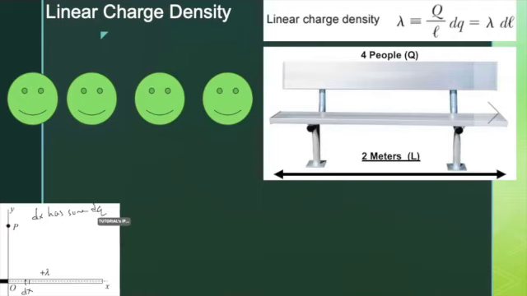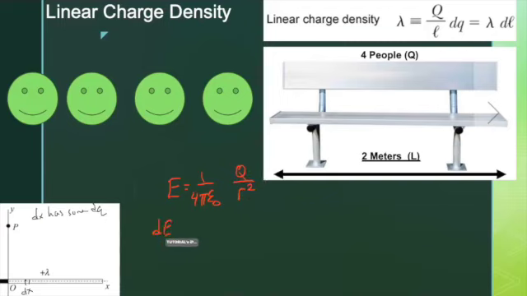And so we know for an electric field, we have 1 over 4 pi epsilon naught, and then that's going to be Q over R squared.